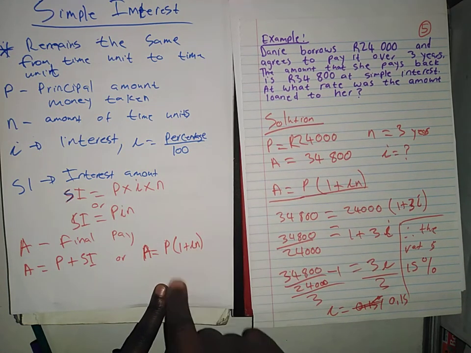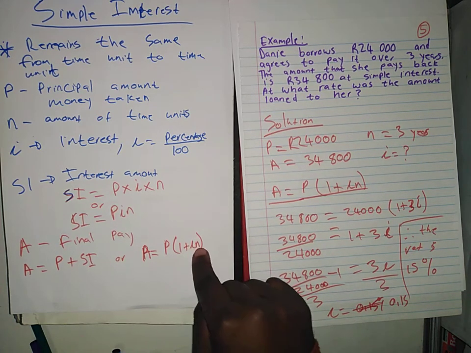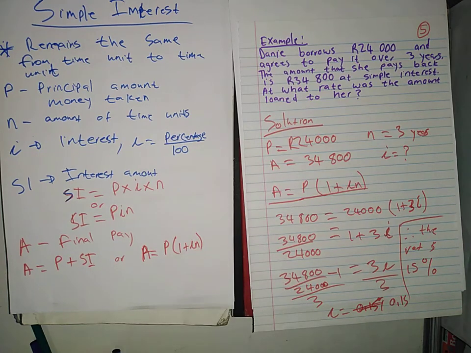So you must always watch what you are given, and you must make sure that these always have the same unit. And then you must also look at how the question is asked. They can give you per annum, but the question may ask you to put your answer in months.